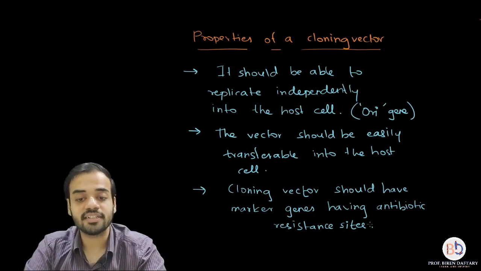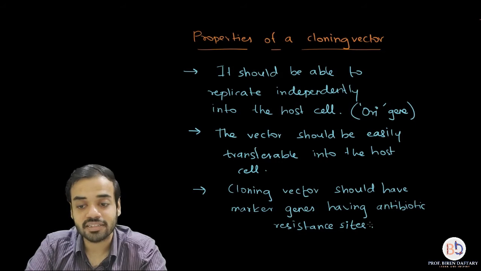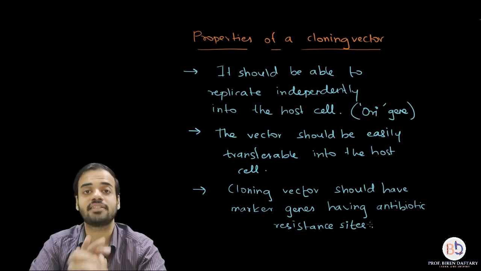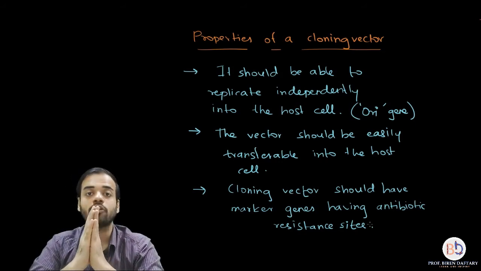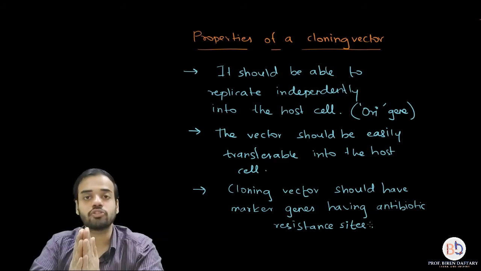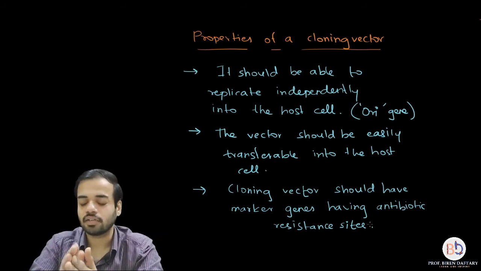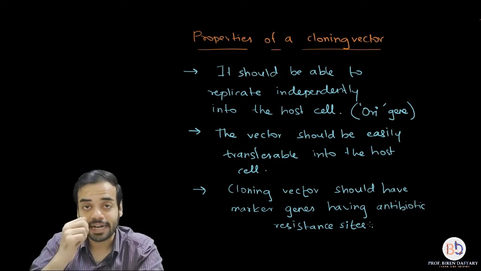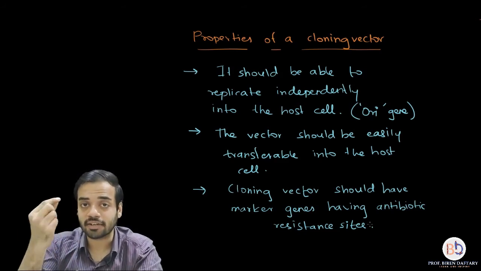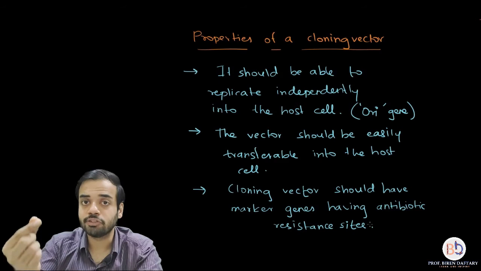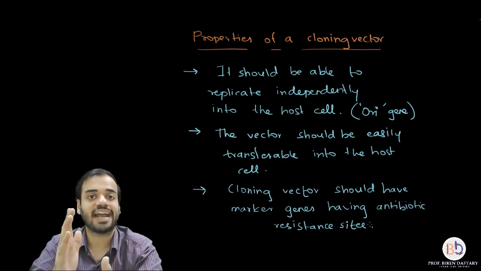Second, here it is written that a cloning vector should have marker genes having antibiotic resistant sites. Now, what is the meaning of antibiotic resistance? First of all, what are antibiotics? Antibiotics are basically drugs or chemicals which you use to kill bacteria. These are antibacterial.